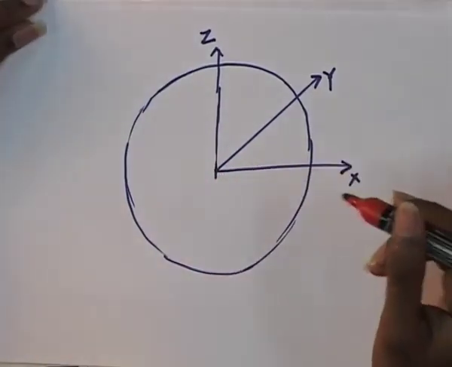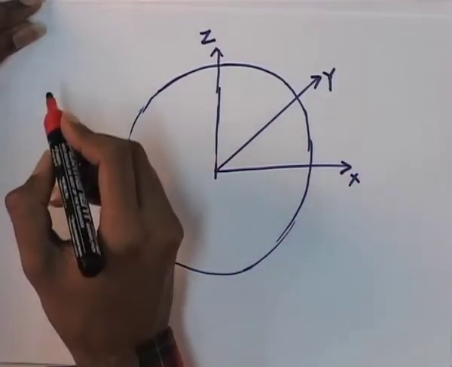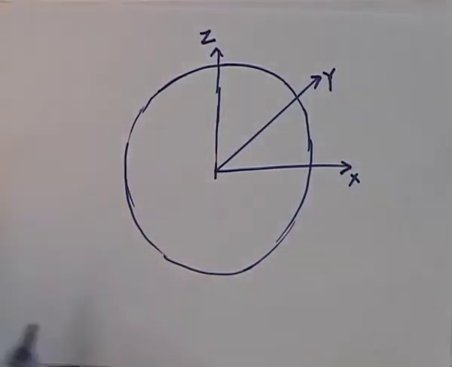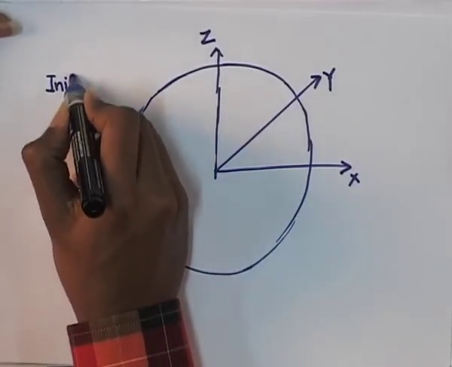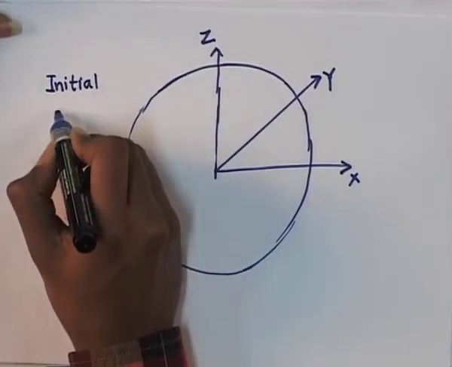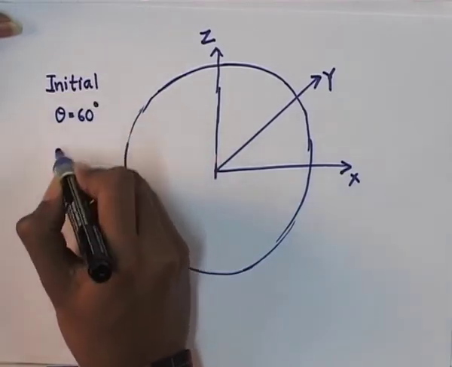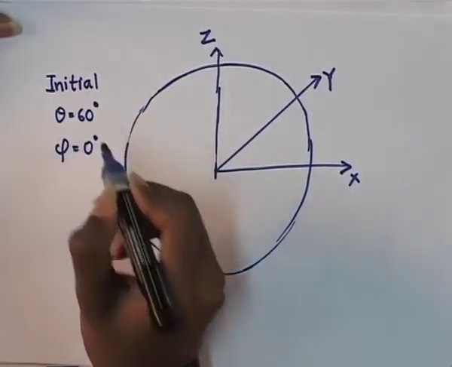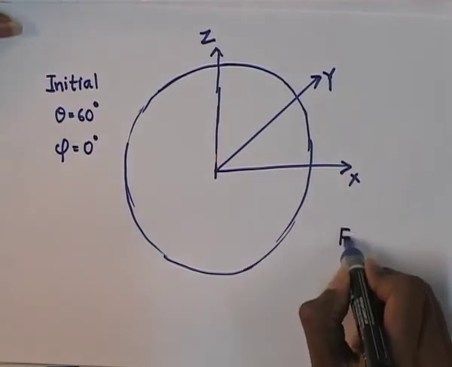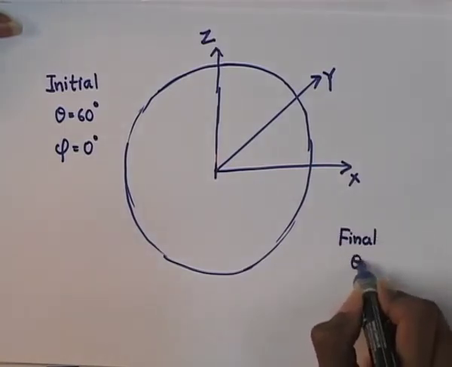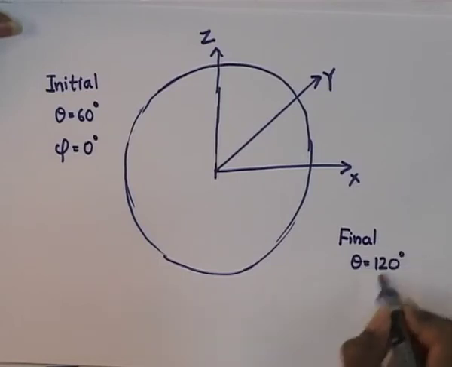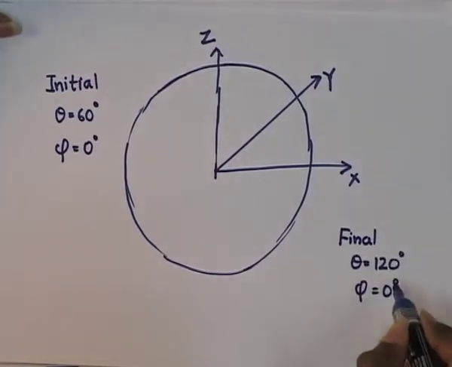In the initial state we have theta equal to 60 degrees and phi equal to 0 degrees, and in the final state we have theta as 120 degrees and phi as 0 degrees.